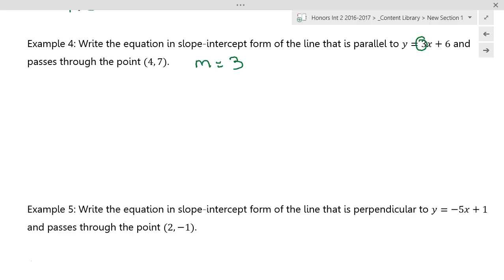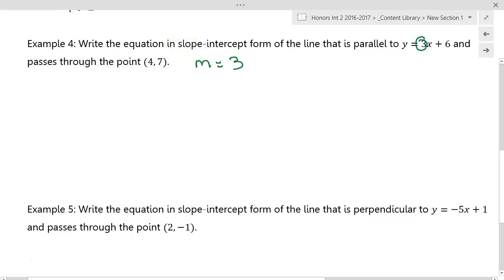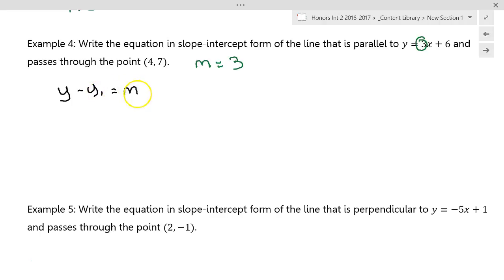So now I have my slope and a point, so I'm going to use point-slope form. And again, not very creative. Point-slope form is y minus y1 equals m times x minus x1.